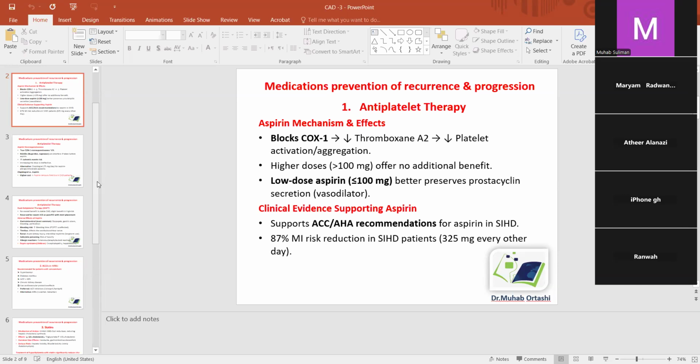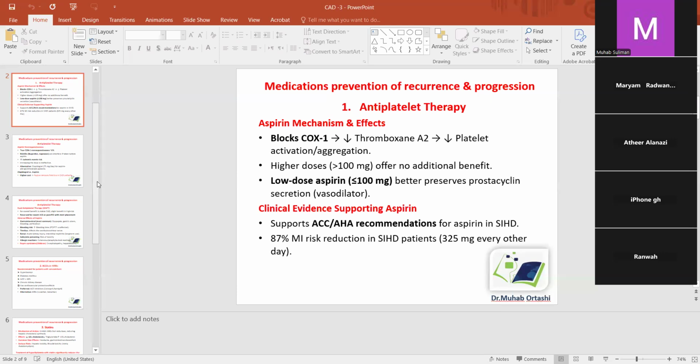برضو اللو دوز عندها additional beneficial effect إنها طبعا الأسبرين stops the COX-1, which stops the thromboxane A2, وبرضو stops the production of prostacyclin. البروستاcyclin is good for vasodilation, لكن unfortunately the drug will stop the prostacyclin.